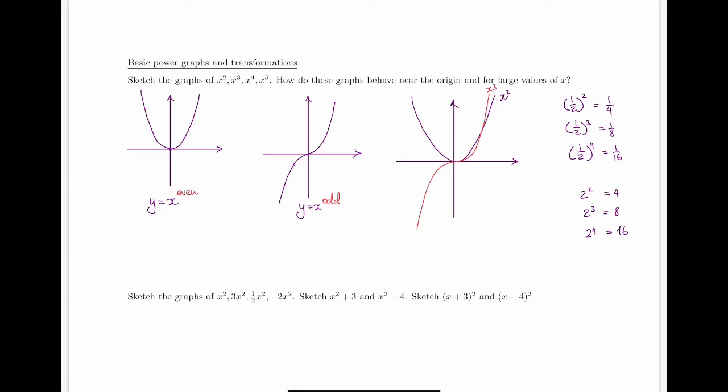So at some point, a switch happens, and my cubic will grow faster over there. If I were now to, on the same graph, draw the degree 4 power function, once again, I notice that for small numbers, for fractions less than 1 in this case, the number is even smaller. So that means that my degree 4 is going to be even flatter near the origin still. But then once I've passed the point 1, and I'm actually raising large numbers to large powers, my numbers will grow faster.